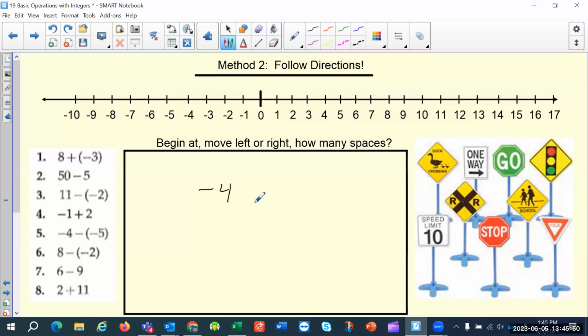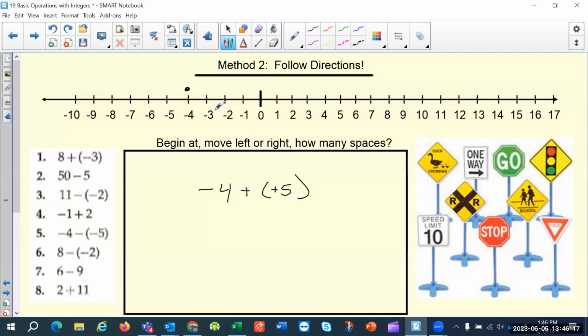Nothing wrong with it. Negative 4 minus negative 5. All sorts of negative signs here, right? But as soon as you see minus and negative, you do what? You're going to change it to plus a positive. So minus negative becomes plus positive. Now, that does not do anything to this negative sign here. That's fine. That's where we're starting.